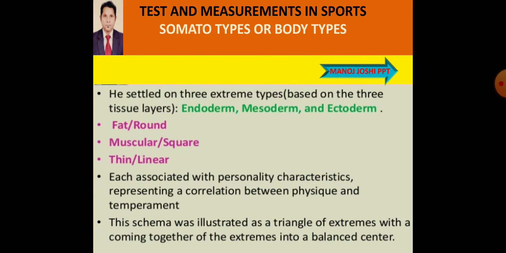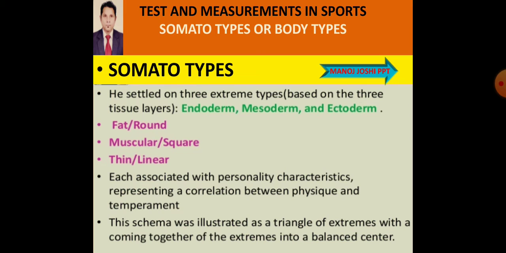For somatotypes, he settled on three extreme types based on the three tissue layers: endoderm, mesoderm and ectoderm. As we know, these are the three tissue layers in our body: endoderm is internal, mesoderm is the middle layer, ectoderm is the outermost layer.